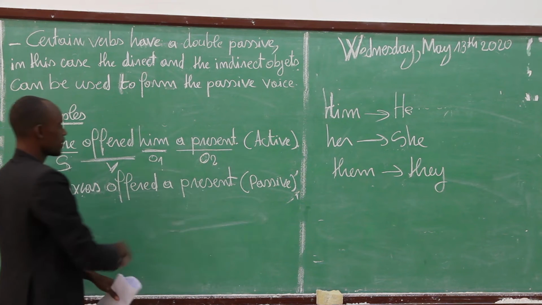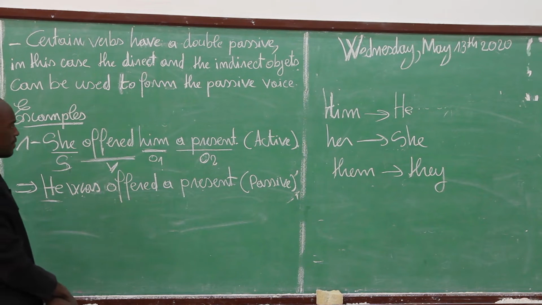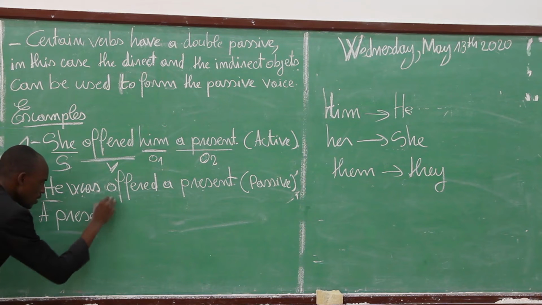And let's take the second object. Donc cette fois-ci, nous allons utiliser le complément d'objet dans la phrase passive. Donc le complément d'objet devient le sujet. This is the second possibility. We have a present.